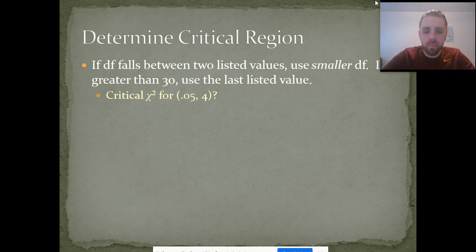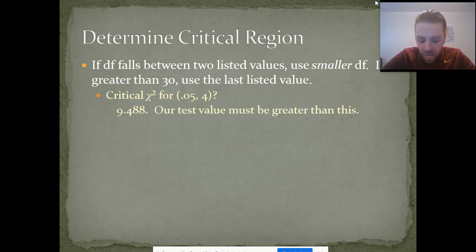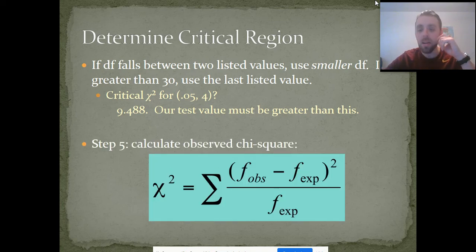Okay, if you're ready to continue, the degrees of freedom of 4 and an alpha of 0.05 should have given you a critical chi-square of 9.488. Because we're doing a no-tailed test, our value has got to be greater than this, right? So if it's cool with you, let's move on to calculating the observed chi-square.